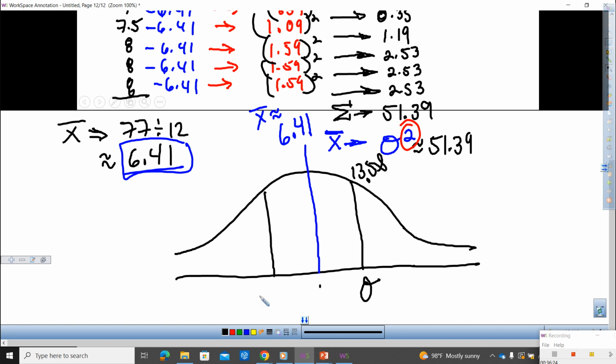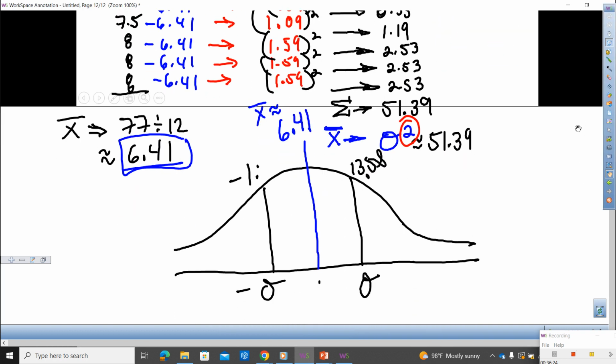And one standard deviation below, 6.41 minus 7.17, that is negative 0.76. All right. So I want you to highlight this right here.